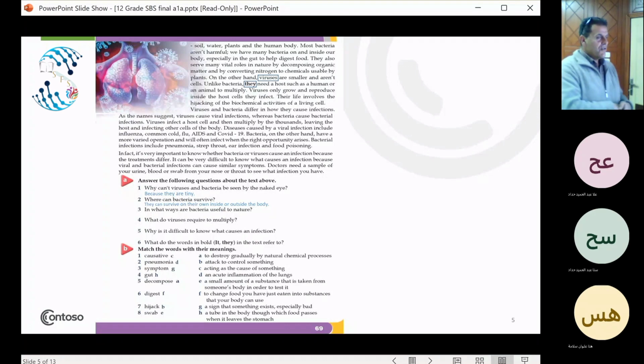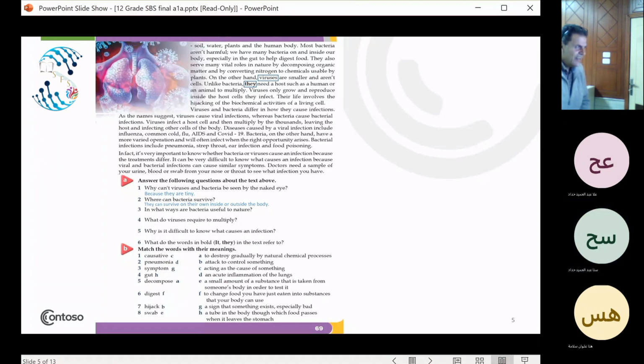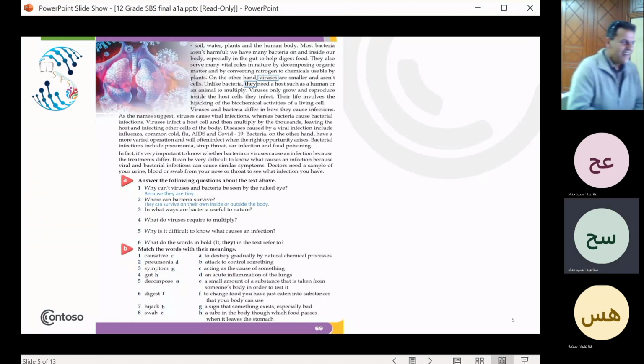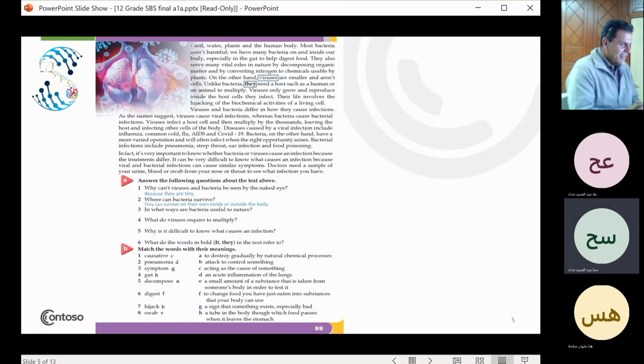Let's see the third one. Who will try? By decomposing organic matter and by converting nitrogen to chemicals usable by plants. Thank you very much, Hannah.